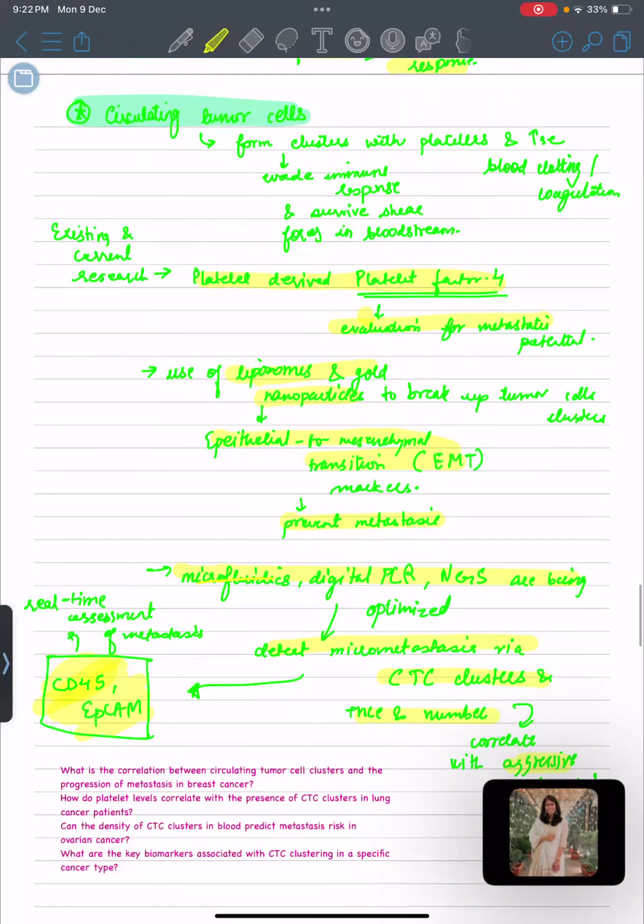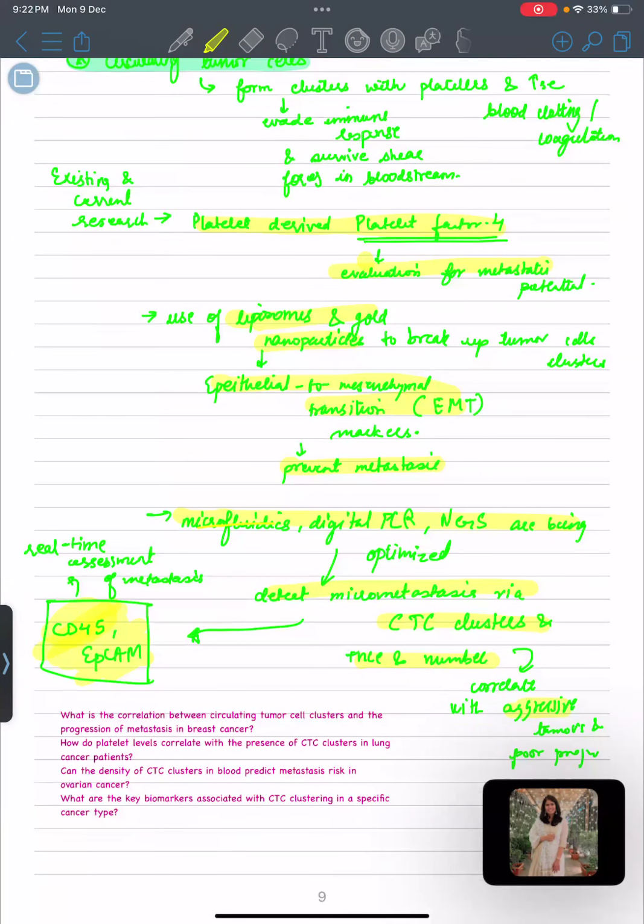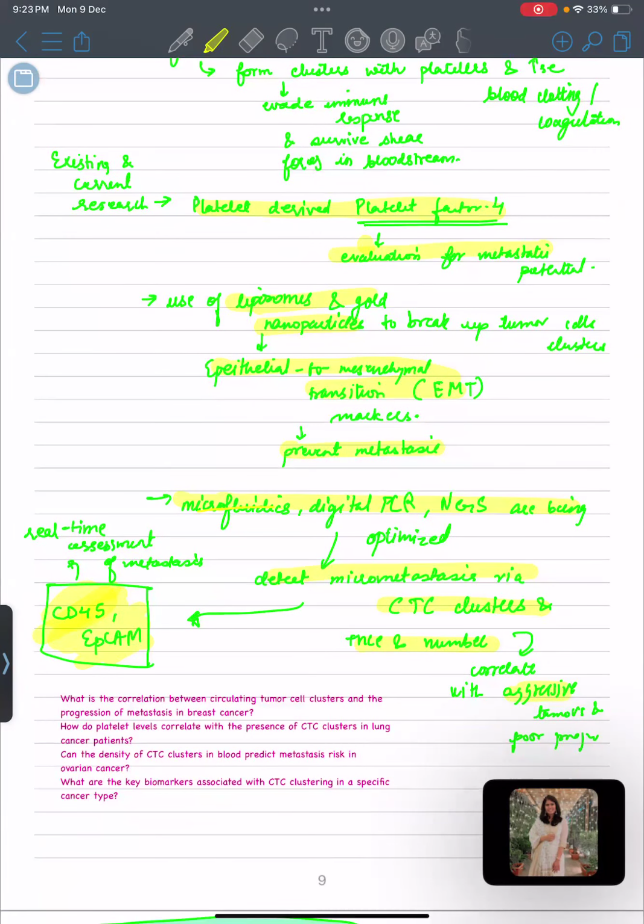As tumor cells form clusters with platelets, certain trials are evaluating the role of platelet-derived platelet factor 4 for its metastatic potential. People are also diving into nanotechnology, using liposomes and gold to break up the tumor cell clusters, and epithelial-to-mesenchymal transition markers to prevent metastasis.